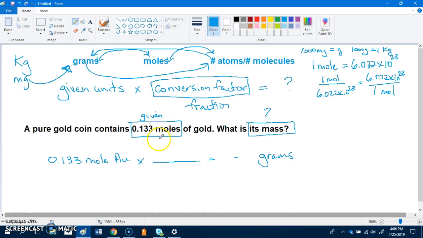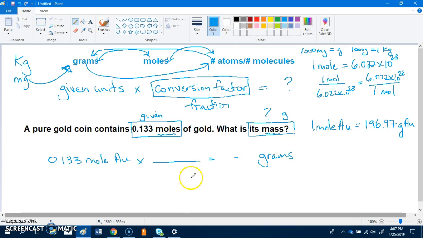And then you have to look at what conversion factors we're going to use. Our conversion factor has to be moles to our mass in grams. And we know that 1 mole of gold is equal to 196.97 grams of gold, which we find through the molar mass on our periodic table. We have to turn this into the fraction, and the question is, what goes on top and what goes on the bottom?